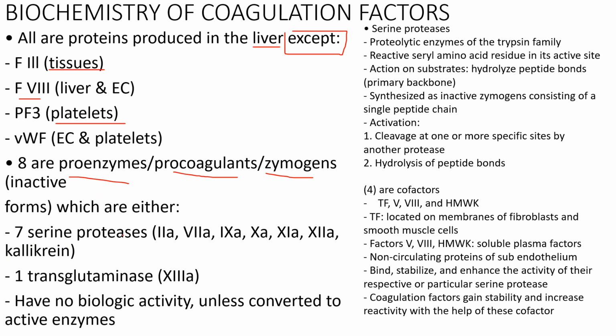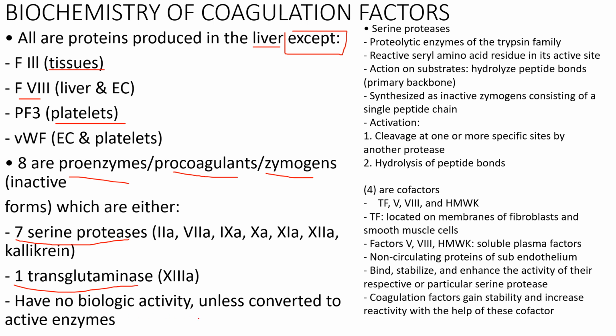While 7 are serine proteases, so these are already activated: your factor 2a, 7a, 9a, 10a, 11a, 12a, and your kallikrein. Then we have your transglutaminase, or your factor 13a. So these are the 8 that could either be in inactive or activated form. 7 of those are serine proteases and 1 is a transglutaminase.